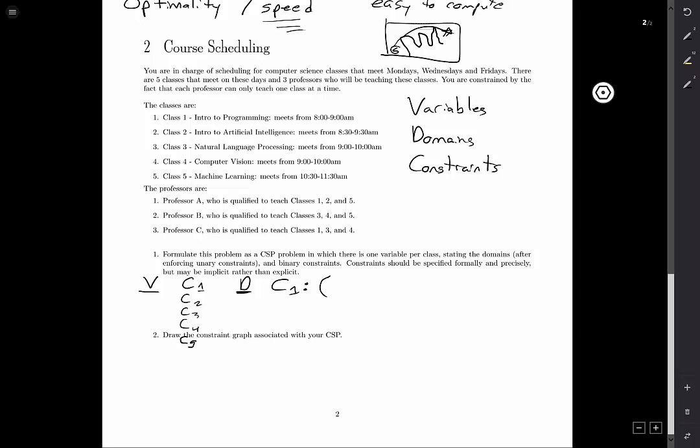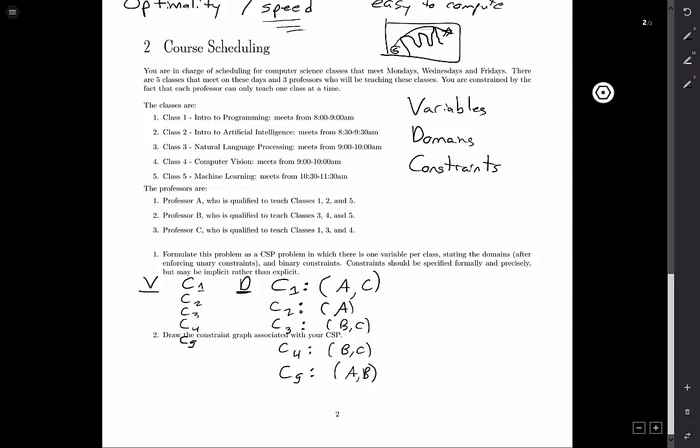So the only professors that can teach class 1 are going to be A and C. In class 2, the only professor qualified to teach it is Professor A. For class 3, the only professors qualified to teach it are B and C. For class 4, the only professors able to teach that are also B and C. And for class 5, the only teachers qualified are A and B. Okay, so that's our domain.